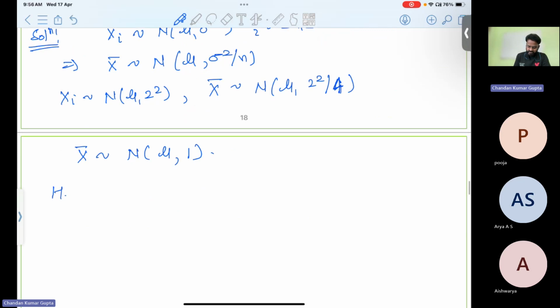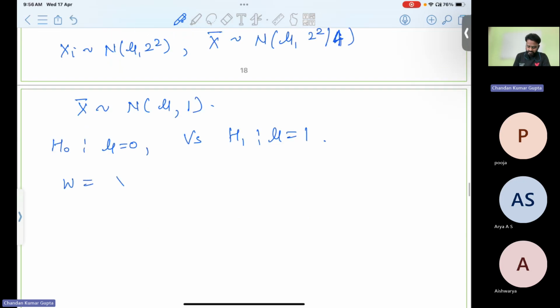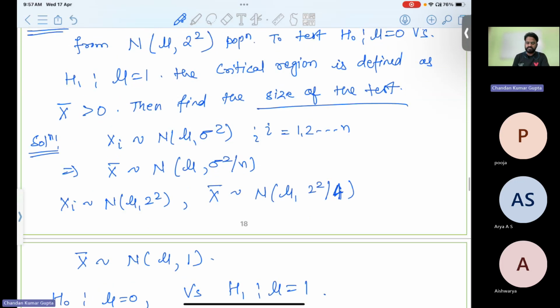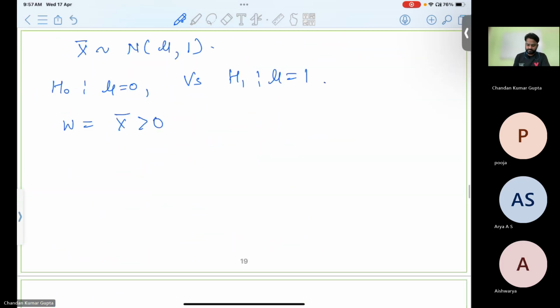The hypothesis is given like this: H naught mu equal to 0 versus H1 mu equal to 1. Okay. And the critical region W is X bar greater than 0. So these are given. Now we need to calculate the size of the test, that is alpha.